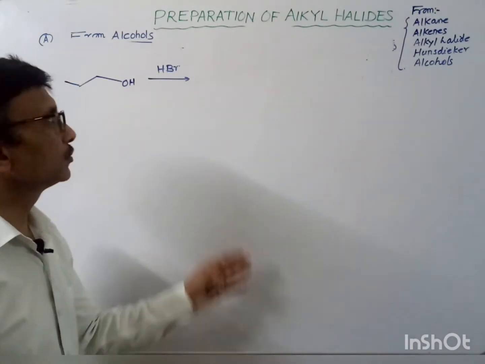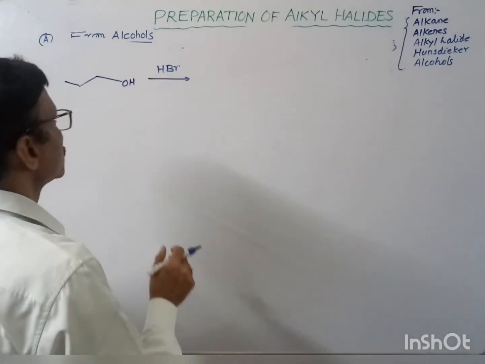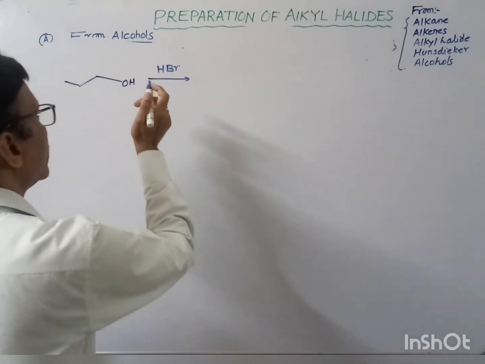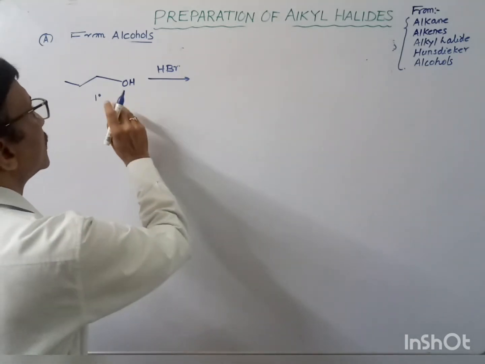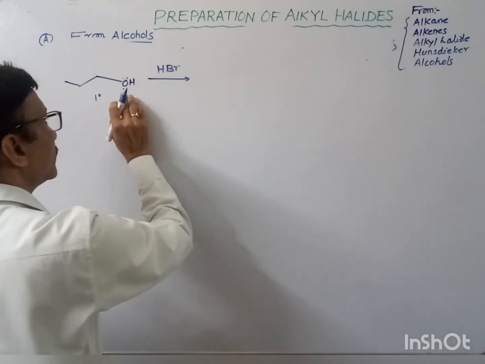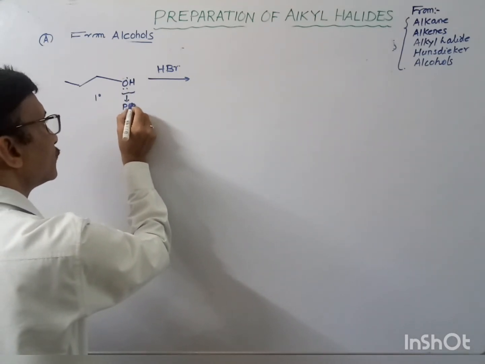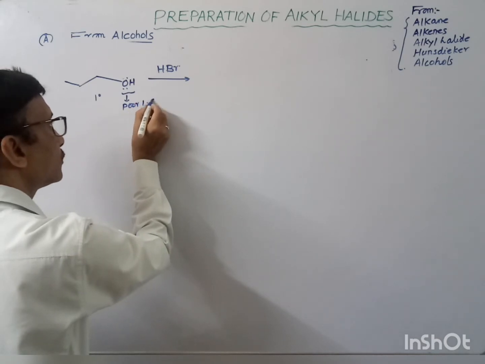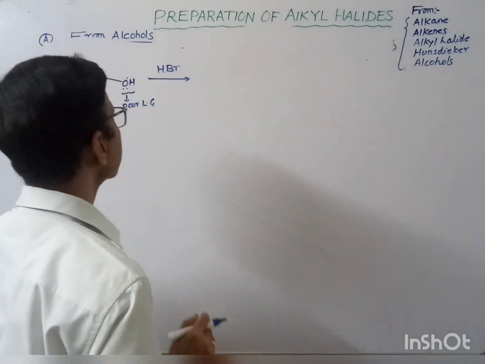What I told you, this hydrogen bromide is quite reactive. So what type of reaction? First of all, this OH being a poor leaving group, we have to make a good leaving group, and we are making a good leaving group by adding one of this acid.